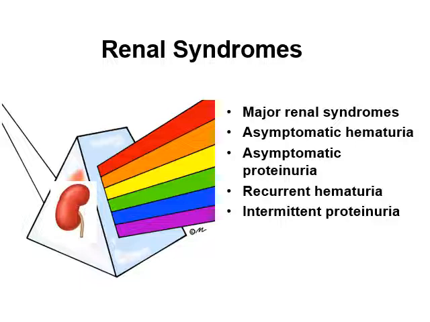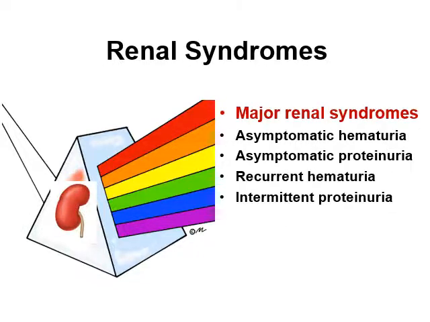And there are other minor ones, which are hematuria, either asymptomatic or recurrent, going on and off, and proteinuria, asymptomatic or intermittent, going on and off. So those are the four minor syndromes: asymptomatic hematuria, asymptomatic proteinuria, recurrent hematuria, and intermittent proteinuria.